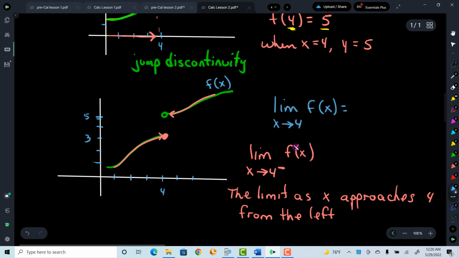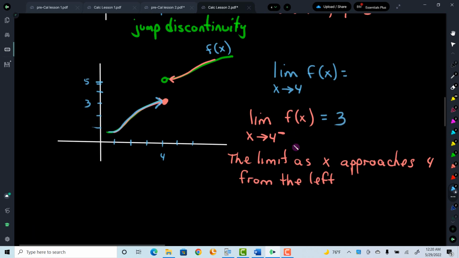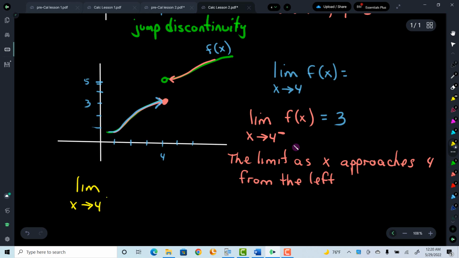What's happening as we come from the left? Well, f of x is approaching 3. But then if we look at the limit as x approaches 4 from the right, and we use a little plus sign there, of f of x.